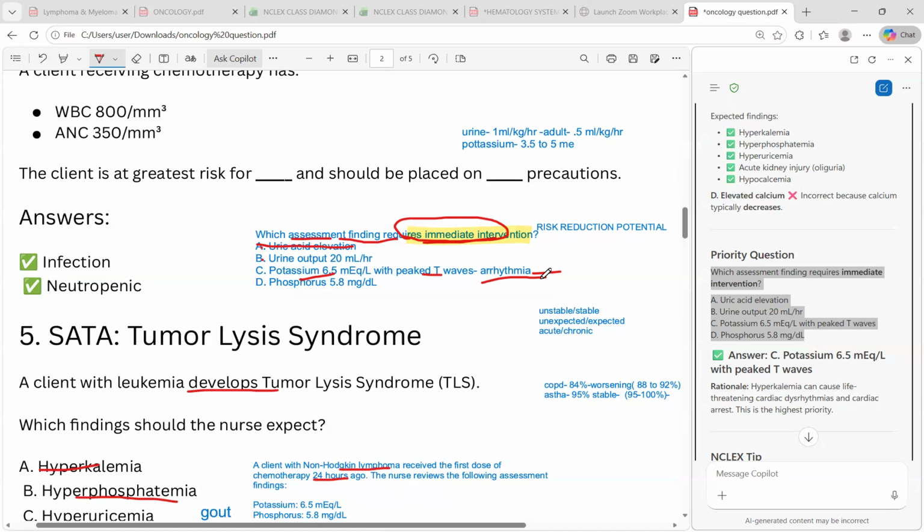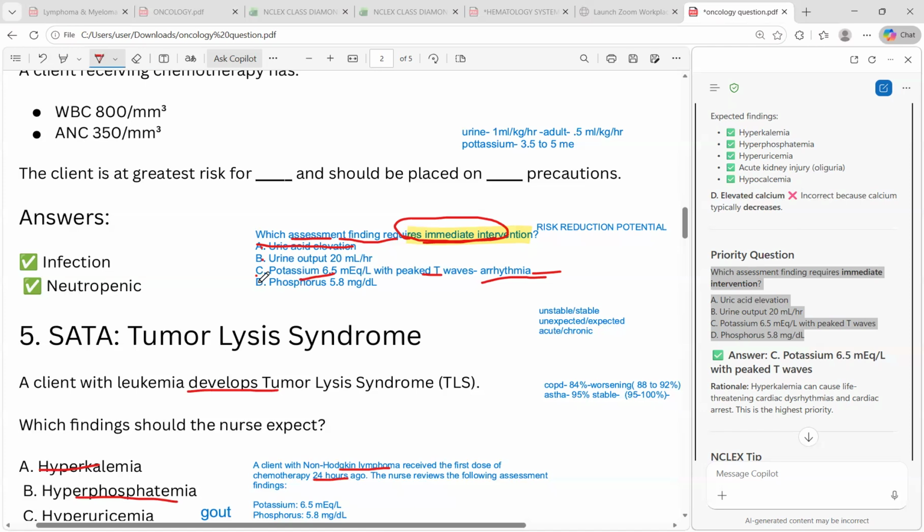So comparing option B and C, option C we can consider as the correct answer. But we have one more option. We can go with option D, phosphorus 5.8. Yes, of course, hyperphosphatemia is there, and hyperphosphatemia can be an expected symptom of tumor lysis syndrome. So we can eliminate it.